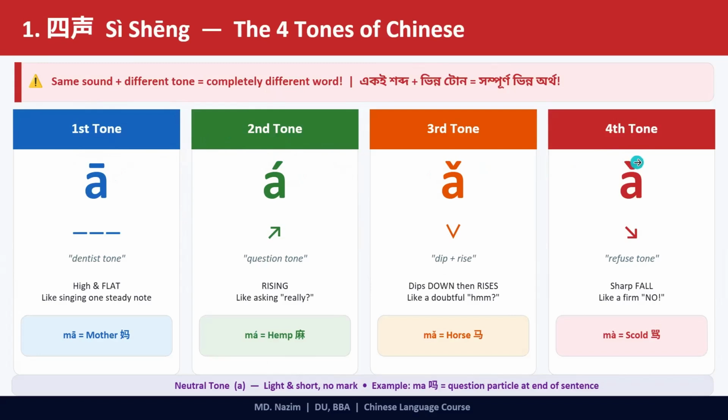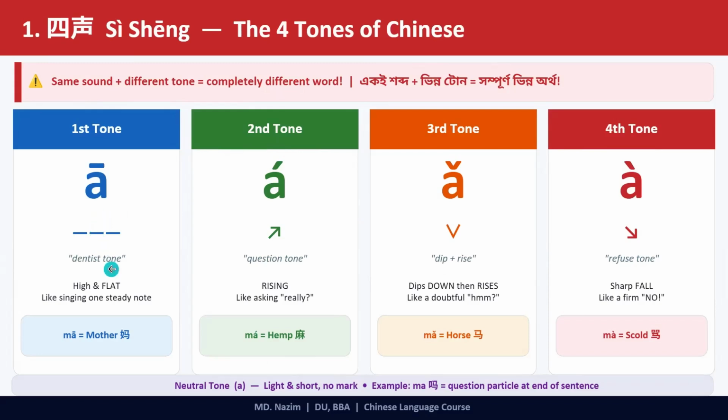First one is like when we have visited a dentist. The dentist tells us to open our mouth like ah. So the sound of the first tone is like this, ah, high and flat.